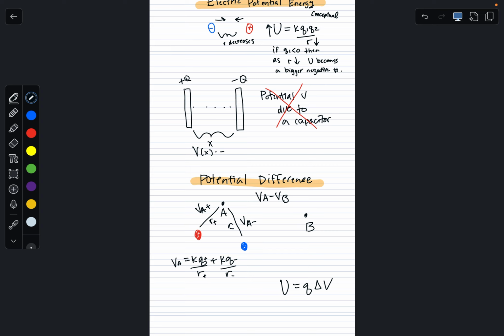Another way to express the electric field between the plates of a parallel plate capacitor is by the charge density, which is charge per surface area, divided by epsilon naught, which is the constant 8.85 times 10 to the minus 12. That is the electric field value, and you can see it depends on charge and area.